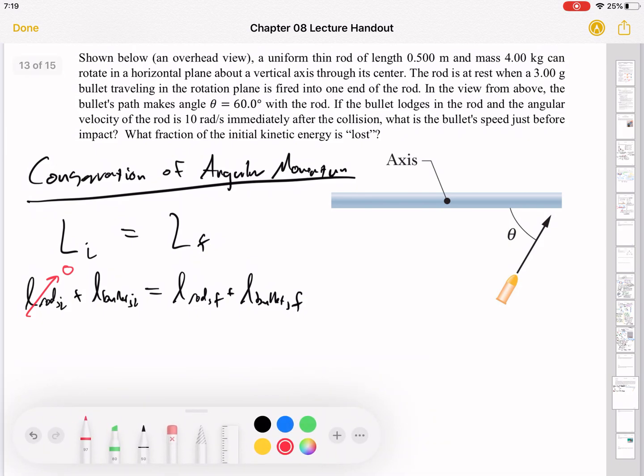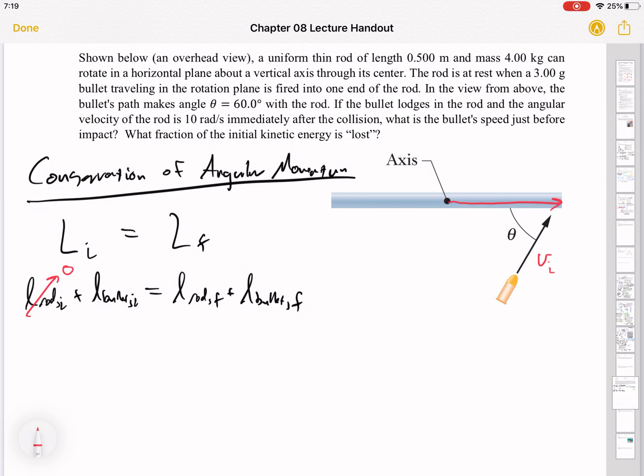So I have a V initial right here. I have a radius for his angular momentum. So for that term, I'm going to use mRV sine theta.